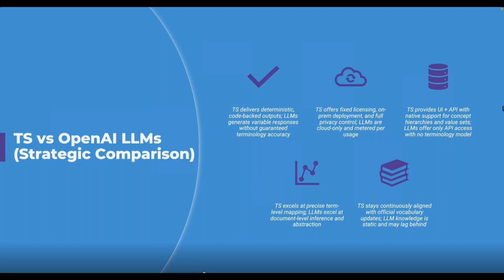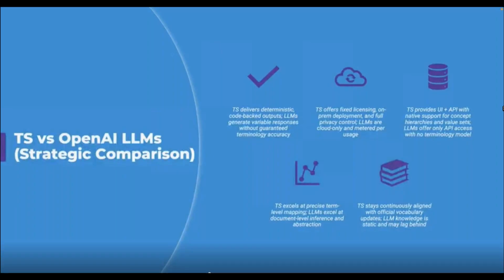The TS offers fixed licensing, on-prem deployment, and full privacy control, and LLMs are cloud only and metered per usage. So TS can be deployed entirely on your system, making it suitable for healthcare environments. The cost is stable regardless of how many lookups are performed. Even if you send 1,000 chunks or 1 million chunks, the cost will remain the same.